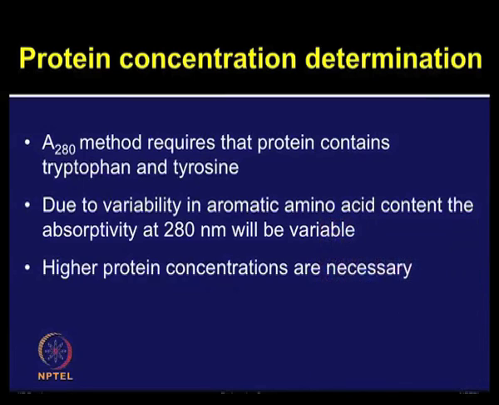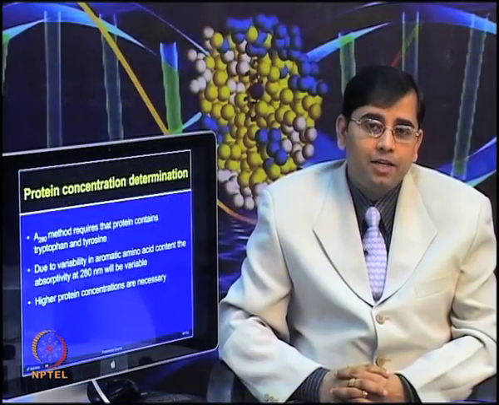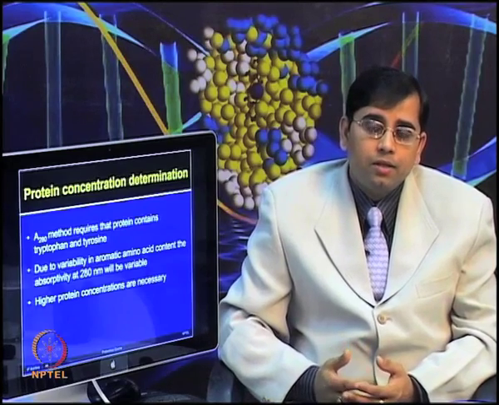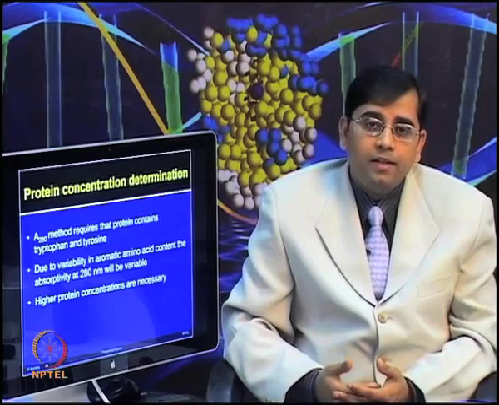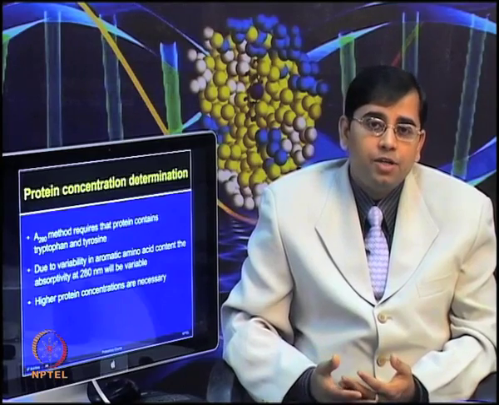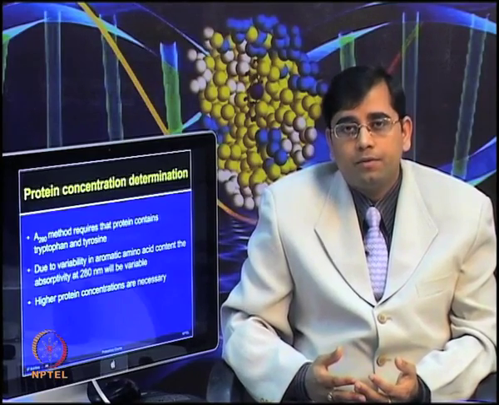Higher protein concentration is not always possible to obtain from your protein sample, so you need to quantify the proteins even if you have a lower protein concentration. So, this method has some limitations. One, the aromatic residues have to be there to obtain the absorption at 280 nanometers, and the protein concentration should be in very high amount.